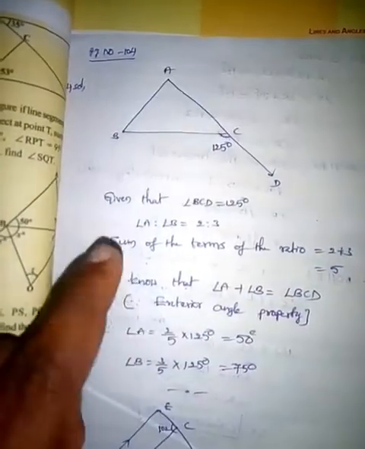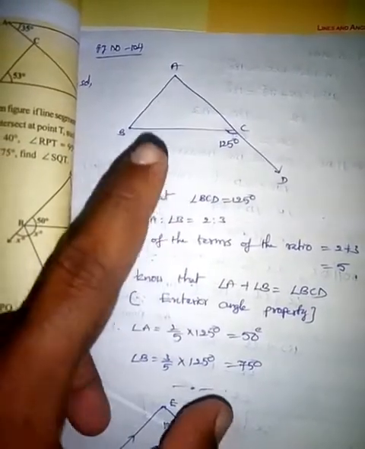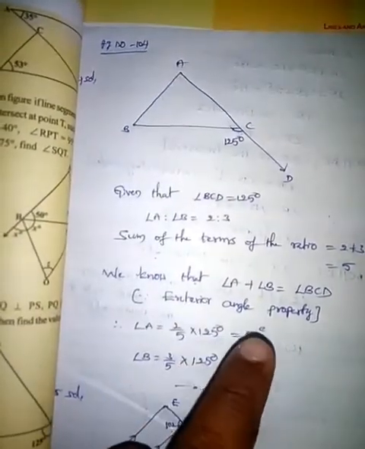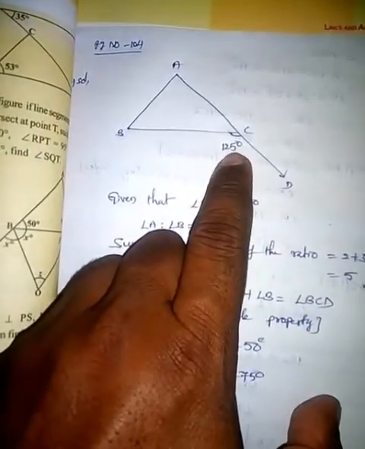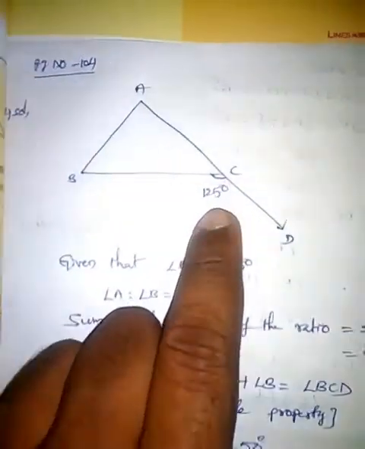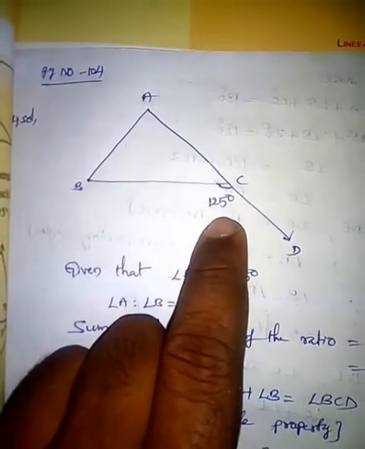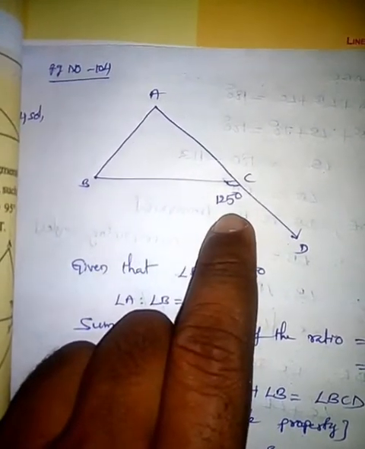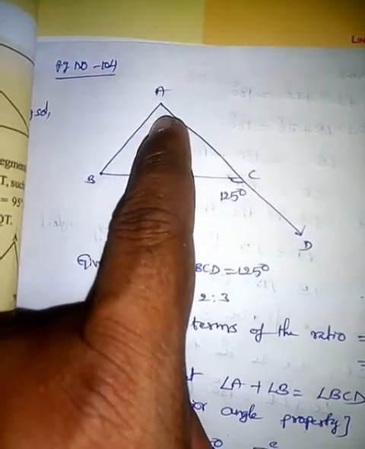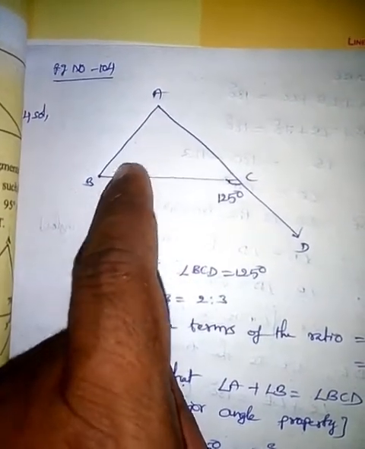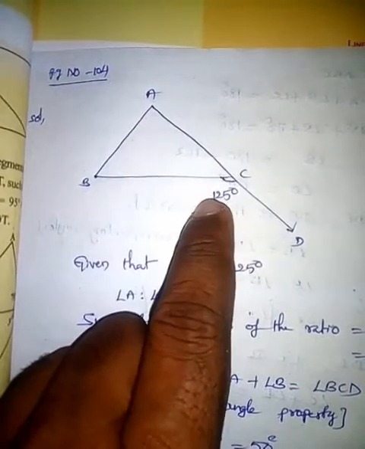Angle A plus angle B equals 125 degrees because here the exterior angle is 125 degrees. We know the exterior angle property. What is that? Exterior angle is equal to the sum of the interior opposite angles. So if you add angle A and angle B, the result will be 125 degrees.